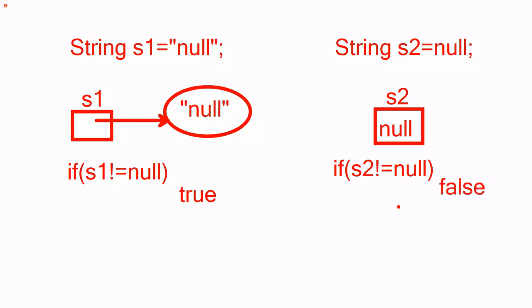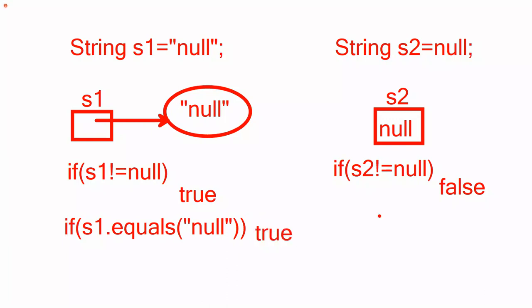But if S1 dot equals null, true or false? True. If S2 dot equals null, what will happen?